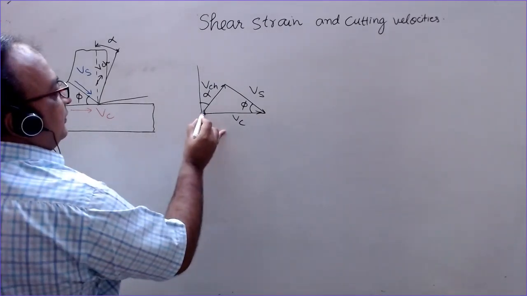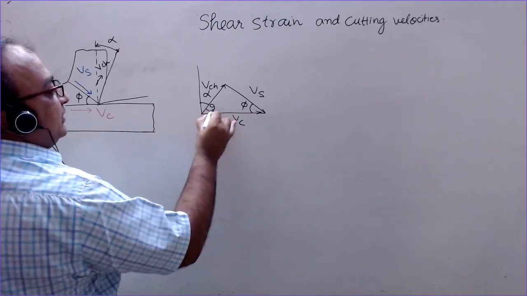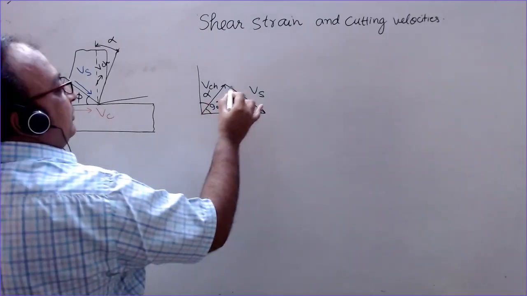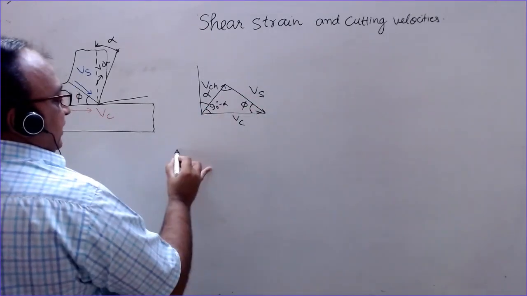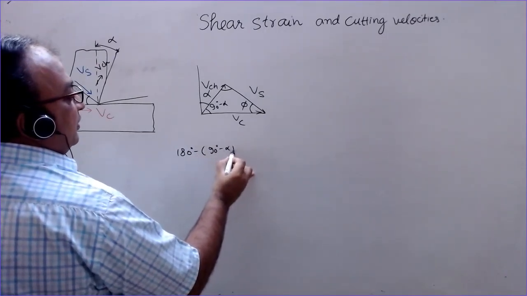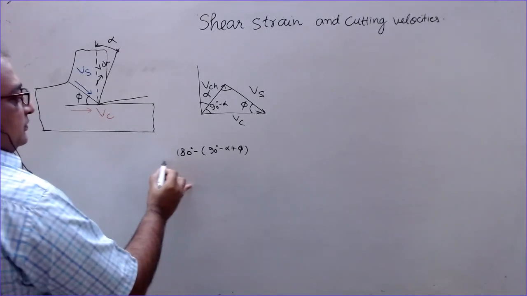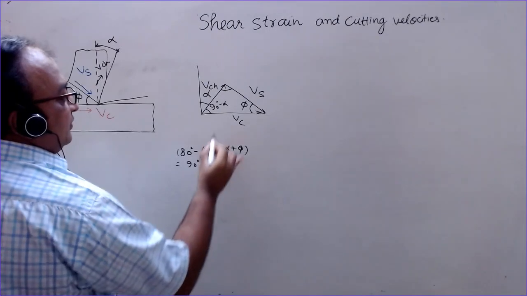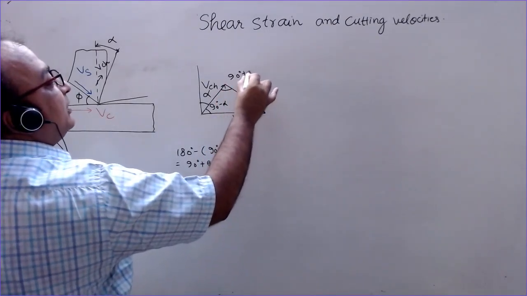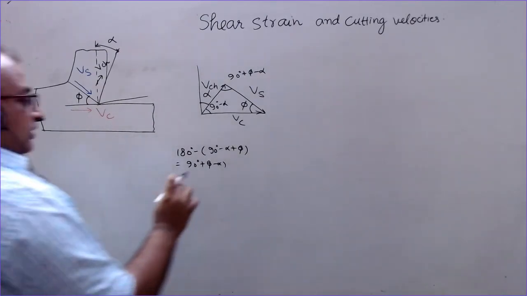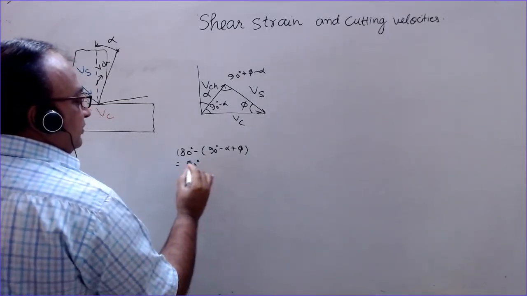This angle is alpha, this whole is 90, this is 90 minus alpha, this is phi, so this angle will be 180 minus (90 minus alpha plus phi), or 90 plus alpha minus phi.